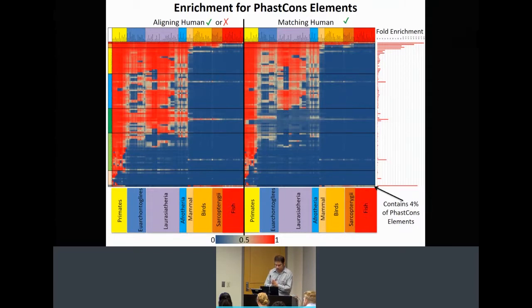So it's showing in a systematic manner that we can differentiate what would otherwise be considered one homogeneous annotation. And to show that the example I was showing you is not an isolated example, 4% of all the PhastCons elements actually fall into that state 100 based on the vertebrate alignment.